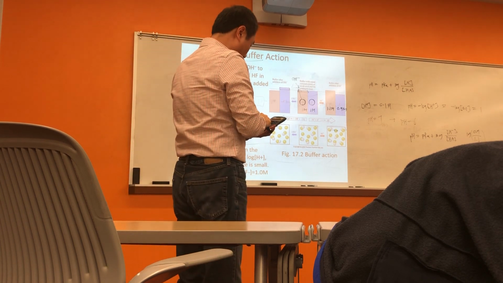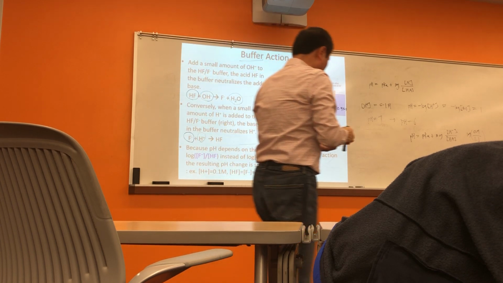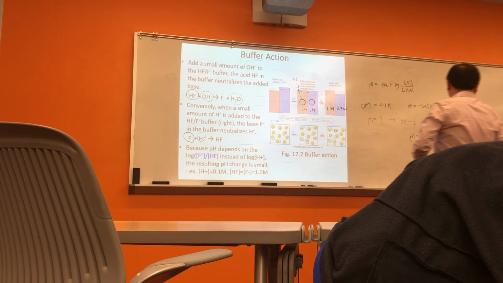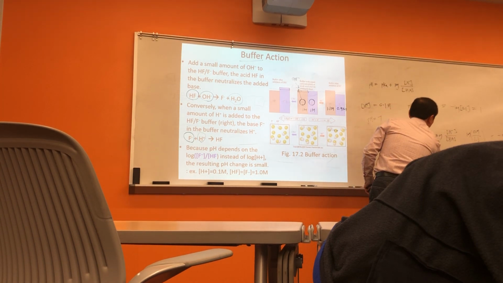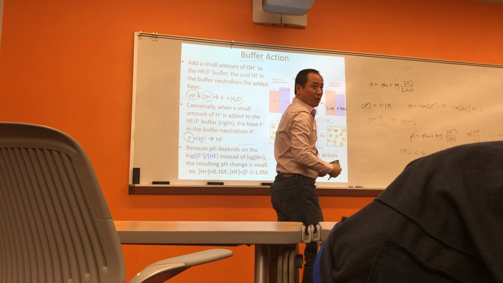It's about negative 0.087. So your pH should now be 6.913.